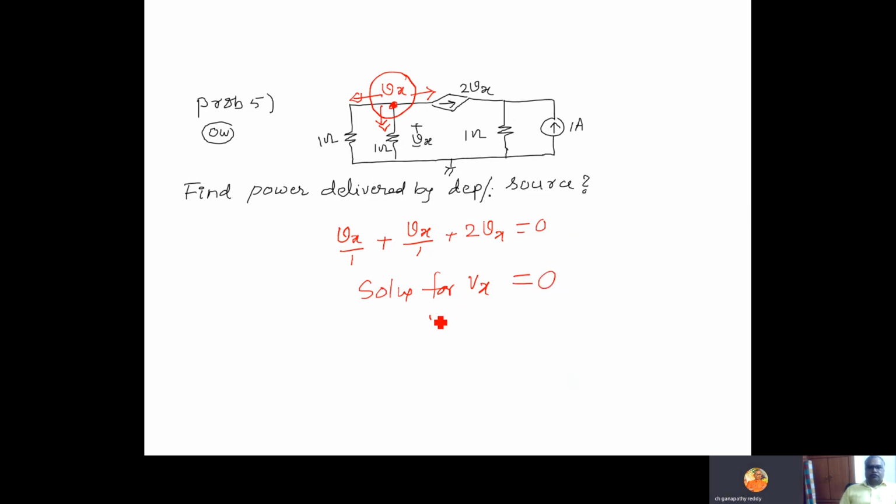When Vx is 0, 2Vx is also 0, then the power supplied is current 2Vx times voltage. What is the voltage here? Don't know. But this is 0, right? 0 into any voltage becomes 0. So what is the answer? 0. All these are GATE questions.